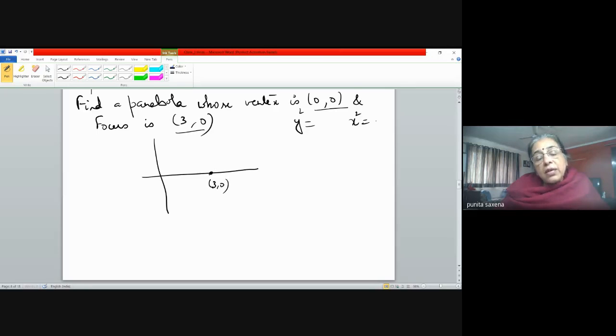Right? So if focus is on the positive direction of x axis, that means my parabola opens right, because focus जहां पे है वहीं पे parabola open करेगा, ठीक है ना? If focus is 3 0, and from vertex to focus, which distance was it?